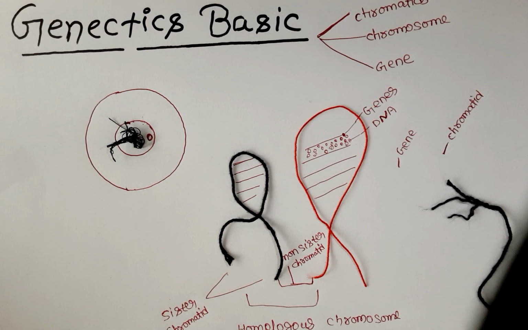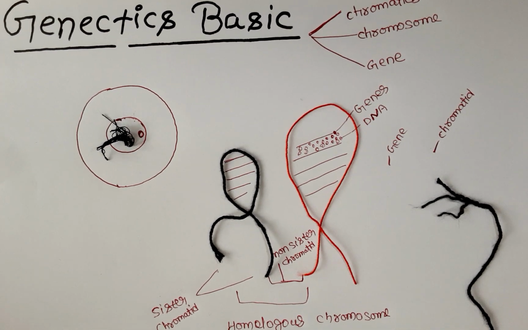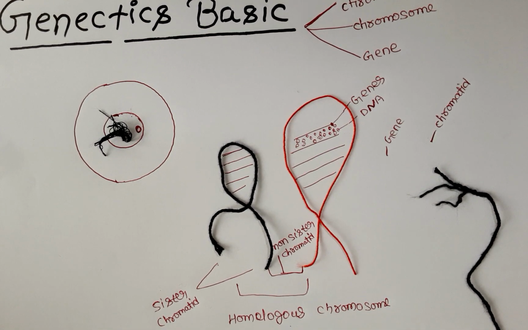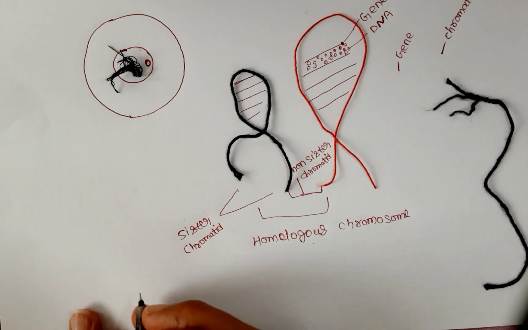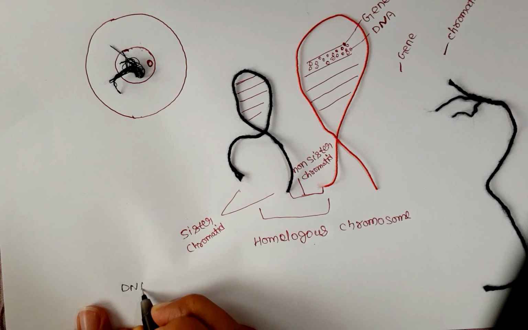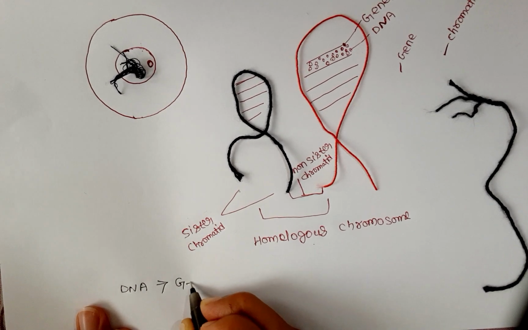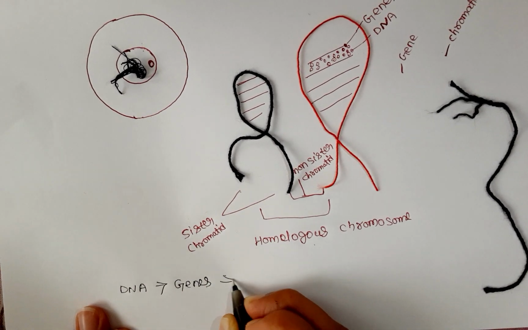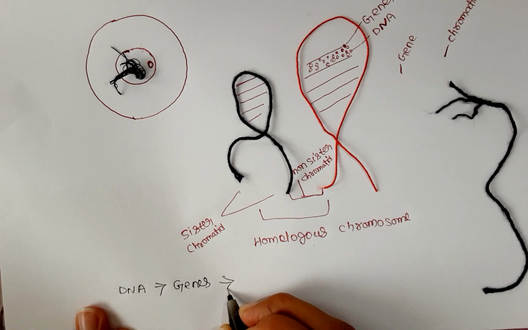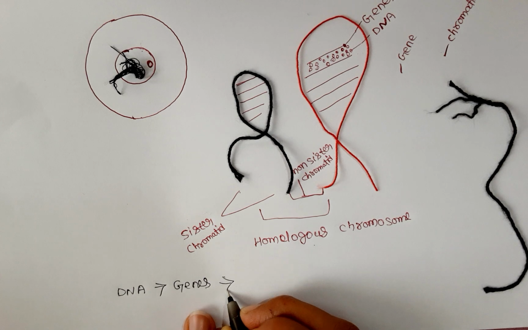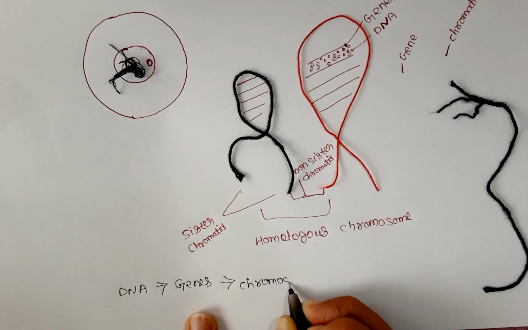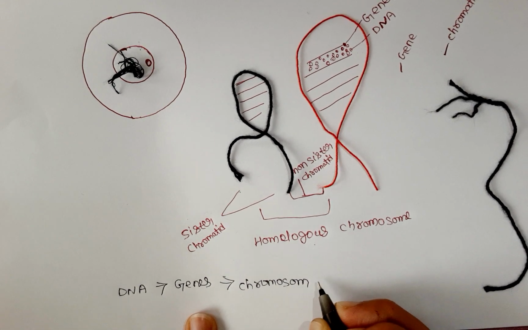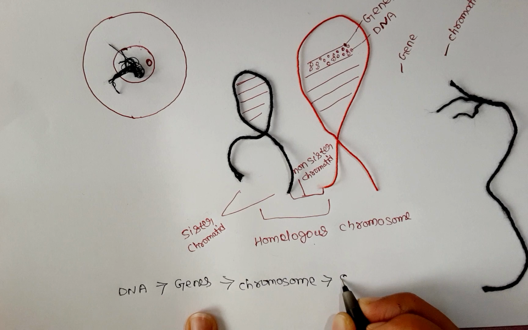Okay, so can you write all these terms in detail? You can see that DNA makes genes, DNA is made up of genes, and genes are made up of chromosome, and chromosomes are formed from condensation of chromatids.